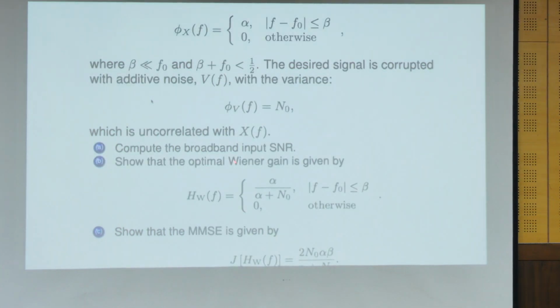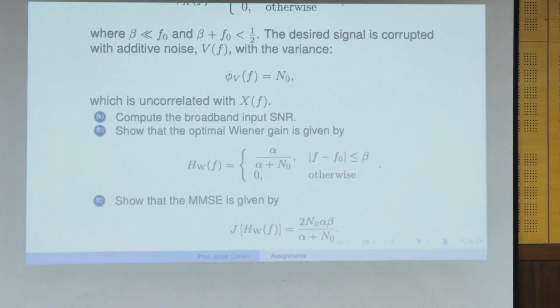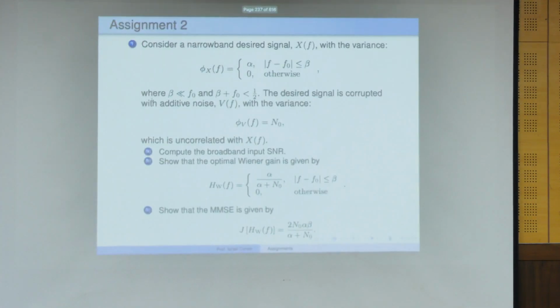And then compute the broadband input SNR, compute the optimal Wiener gain, and show that the MSE looks like this. I think it's quite easy. It should take you a few minutes.